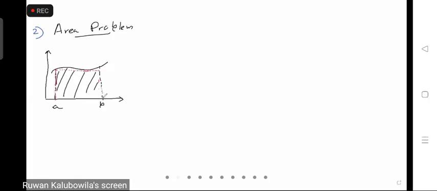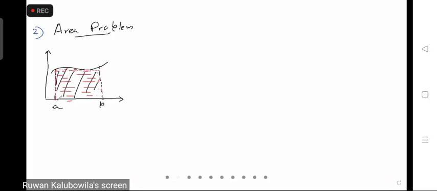If you draw this kind of rectangle, this red one, you can find the area of this rectangle.